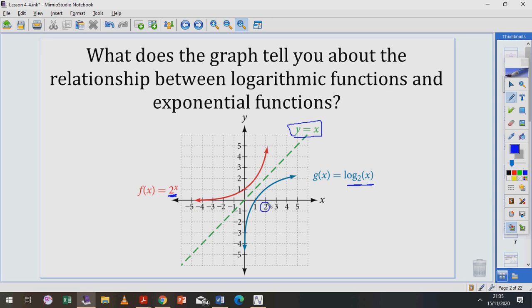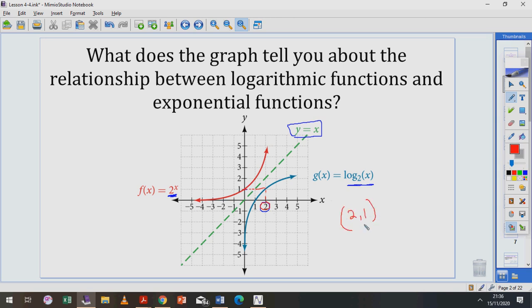So if the input value for this function is 2, the output value is going to be 1. That means that if the input value for the other function is 1, its output value is going to be 2. I hope that makes sense. The input value for the logarithmic function is 2, so therefore its output value is 1.